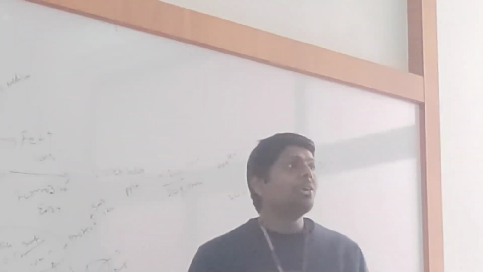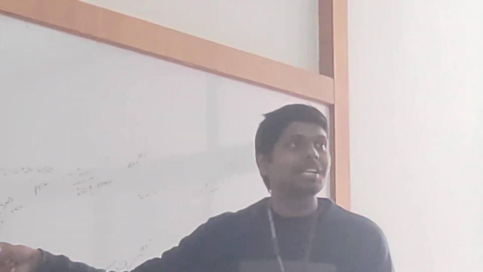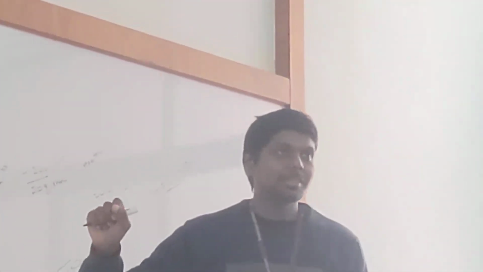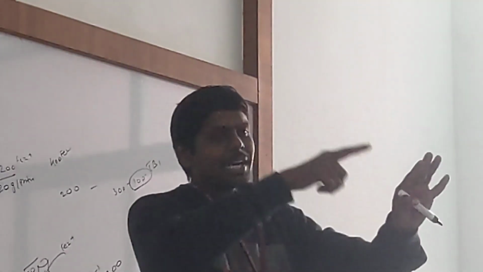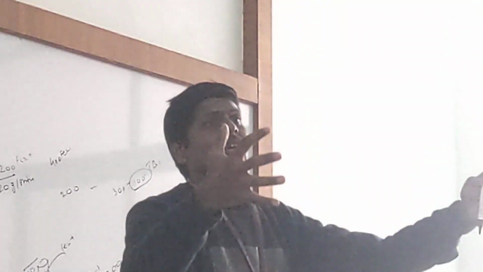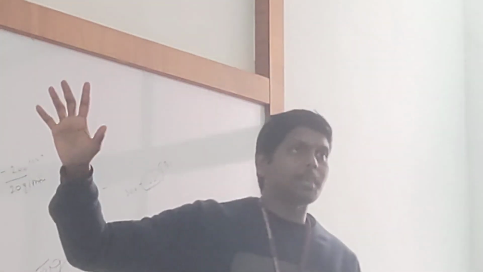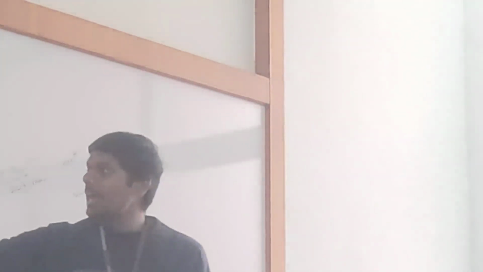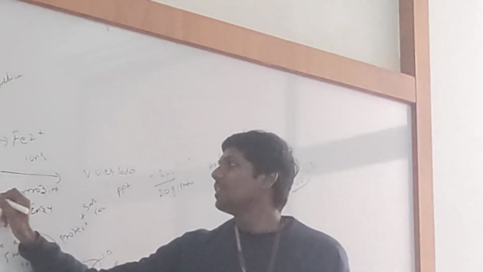So yes, this is a test of understanding iron capacity under stress. We are not checking whether protein is normally carrying iron or not. We are checking whether protein can carry an excessive load of iron or not. That is called total iron binding capacity. Low TIBC indicates iron toxicity.